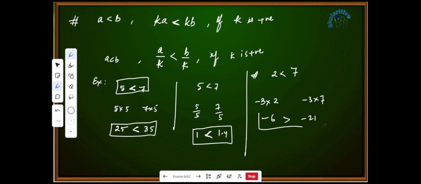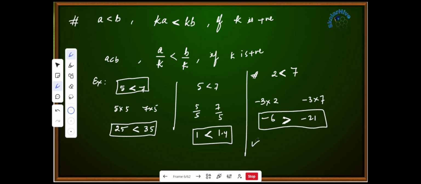So here the result is having a greater than type of inequality, while initially we have a less than type of inequality. So when we multiply either side of the inequality by a negative number, then we must revert the sign from less than to greater than. The same is applicable for division.